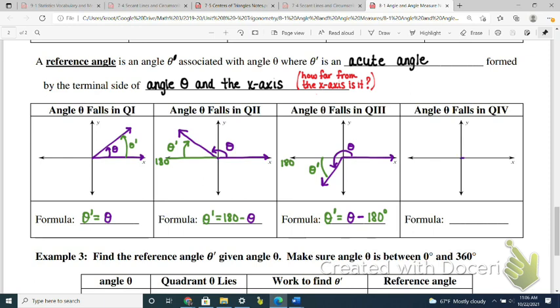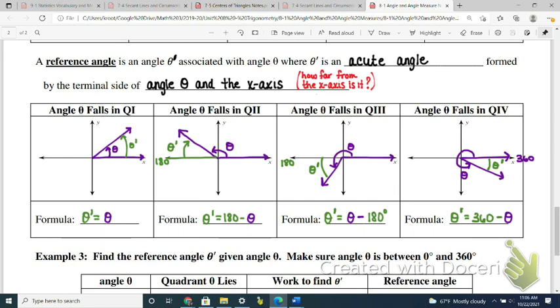And finally, if it lies in quadrant 4, let's say here, so this is your theta. Your theta prime is just this line right here. So again, on the standard XY axis, this is 360 degrees. So your theta prime will be 360 degrees minus theta.